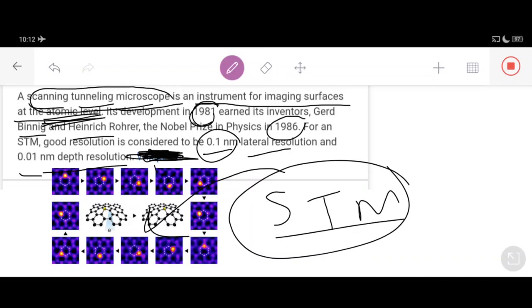By taking the photographs, we can see layers of the atoms. It was discovered in 1981, and the two scientists, Binnig and Heinrich Rohrer, physicists, got the Nobel Prize in 1986 for the invention of the scanning tunneling microscope.